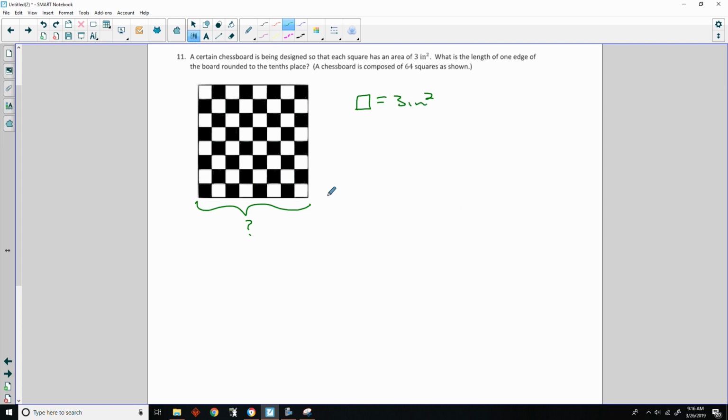So that means that if this side is x and this side is x, x by x, then I know that x squared equals 3. Okay, so in order to solve for that, we take the square root of both sides, and x equals the square root of 3.